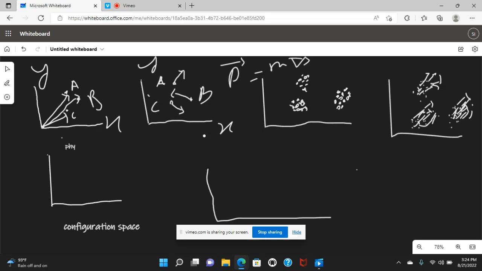Okay, so let's move on to the third picture I have on the screen. What you are seeing now is a cluster of objects instead of a single rigid body A. Instead of a rigid body B, here is another cluster, and instead of having C, I have another cluster here.